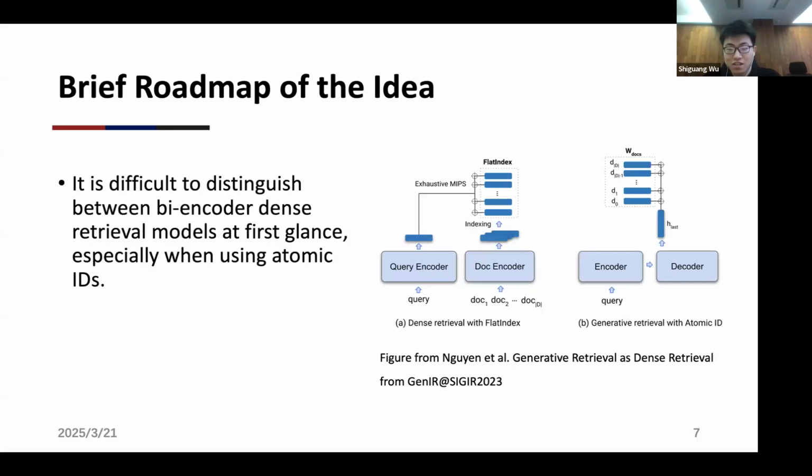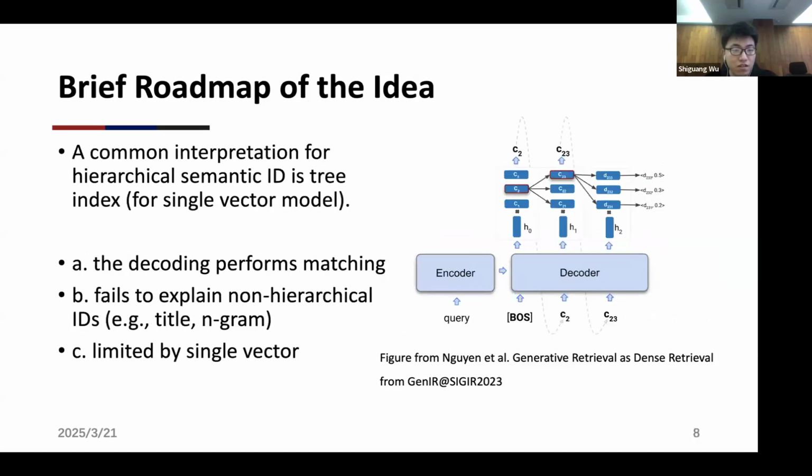So this idea actually comes from Shiguang's paper, Generative Retrieval as Dense Retrieval, from the workshop SIGIR 2023, and they actually discuss this equivalence, that a dense retrieval with flat index is just equivalent to GR with an atomic ID. So every document has a vector and a query has a vector too. So they're doing the dot product to predict the score. And so that's the atomic ID.